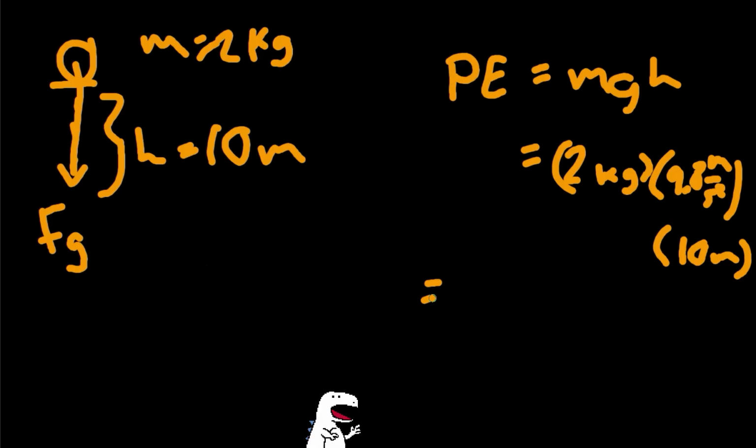So overall, our potential energy will be 196 joules, which, by the way, energy is measured in joules.